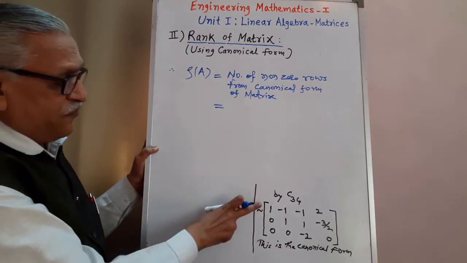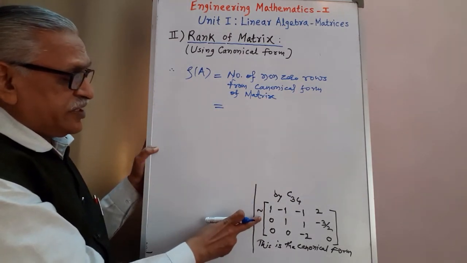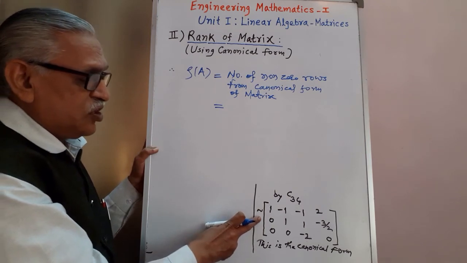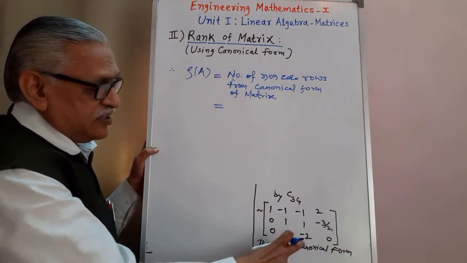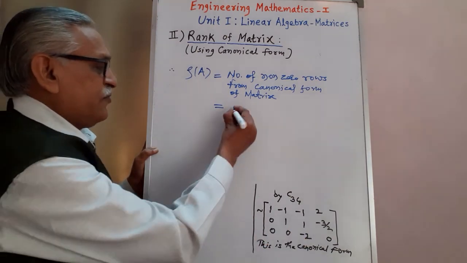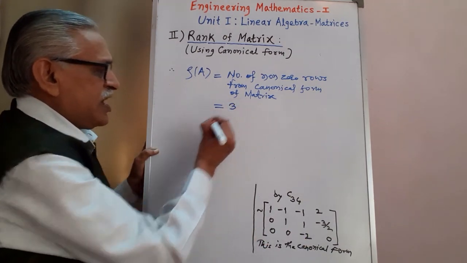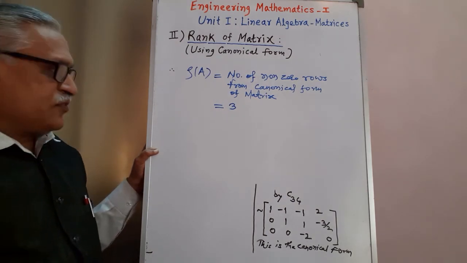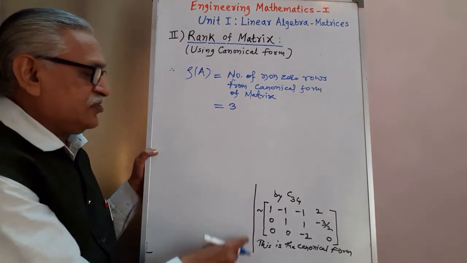And therefore, the first row is a non-zero row, the second row is also a non-zero row, and the third row, as one of the elements is non-zero, is also non-zero. Therefore, all three rows are non-zero rows. Therefore, the rank of this matrix is 3.